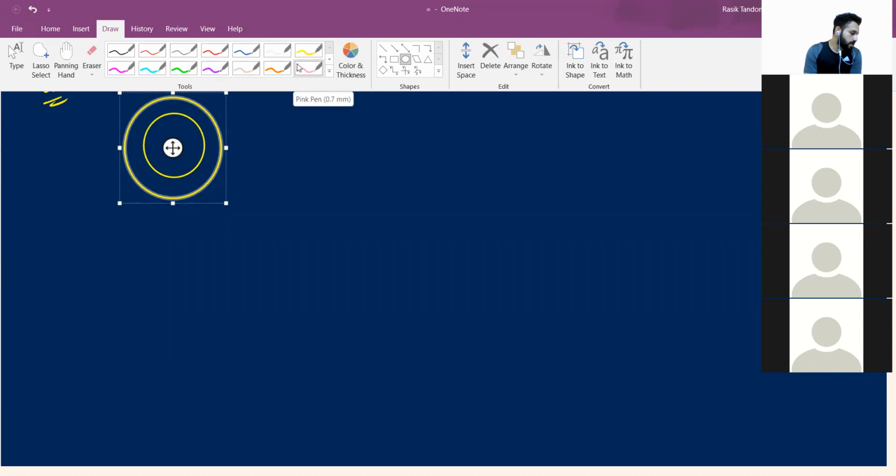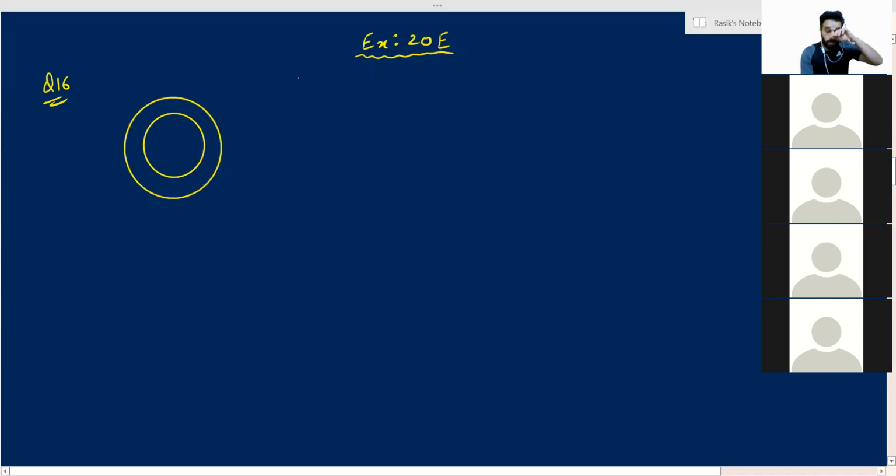So it is looking like two circles having the same center, concentric circles. The diameter of the well is 140 centimeters, so the radius of the well is 70 centimeters.